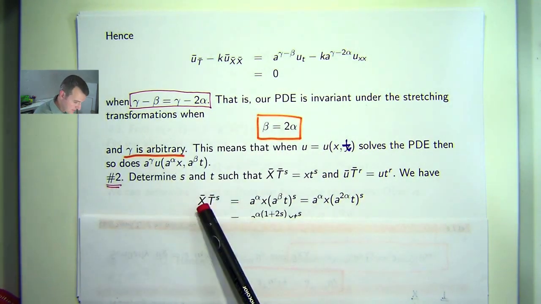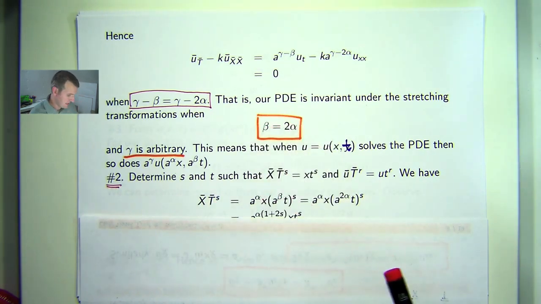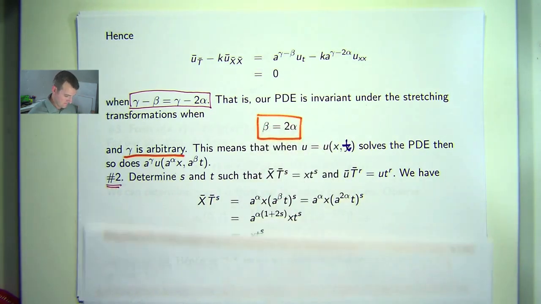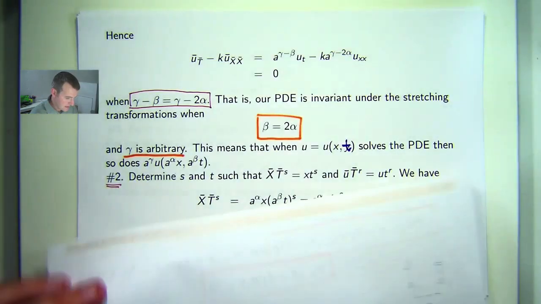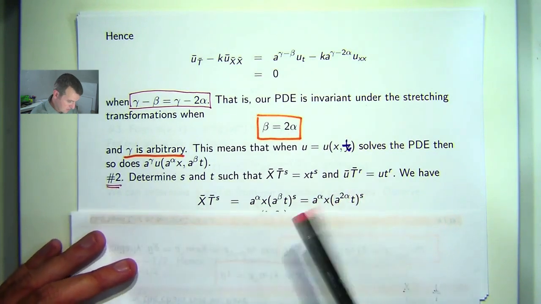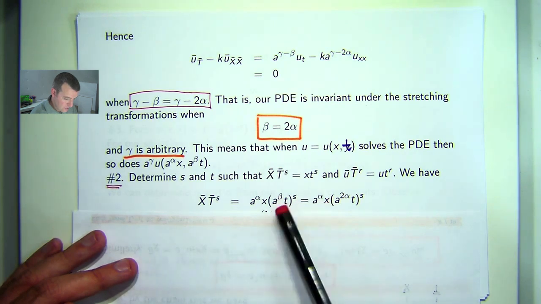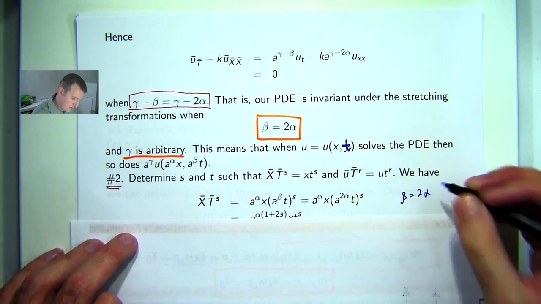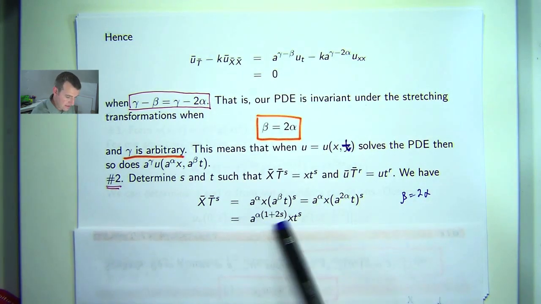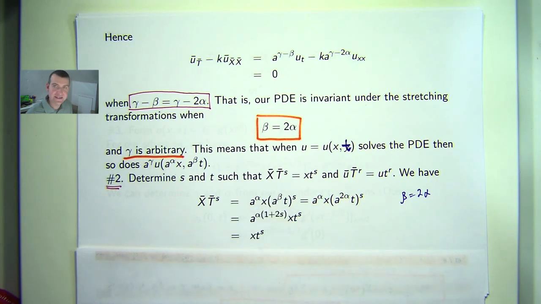Now, if we start with this product, and remembering that beta equals 2 alpha, and remember this is x bar and this is t bar, I replace x bar with what's on the previous page and t bar with what's on the previous page, we get the following. Remembering that beta equals 2 alpha, I can combine everything together, and this will be equal to x times t to the s when this power is 0.